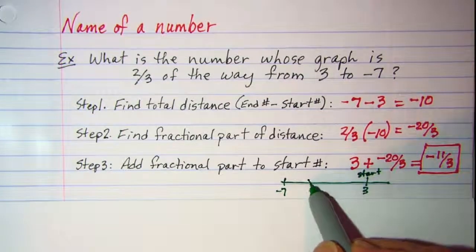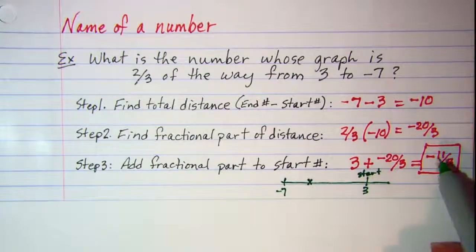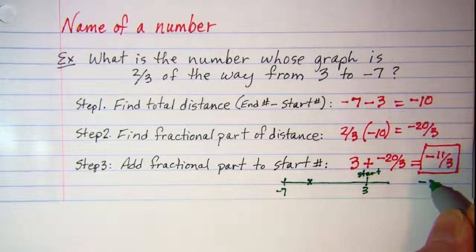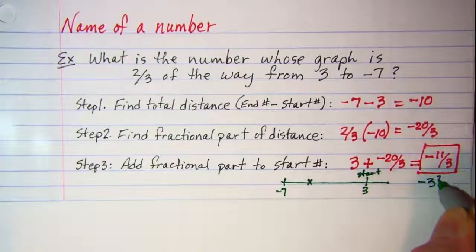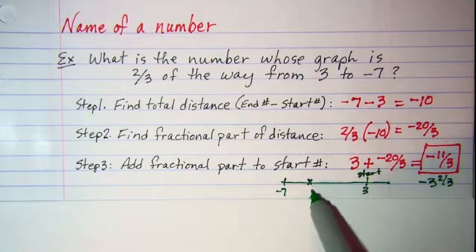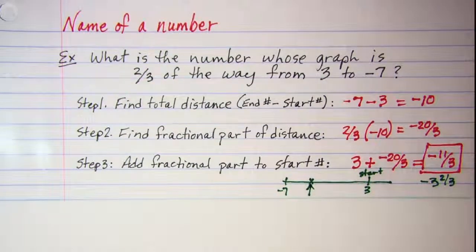So we're going to about here. So we want to know if this number, which if we wrote it as a mixed fraction would be a -3 2/3. Is that number, does it make sense that it would be right here? And if it does, then you should be good to go.